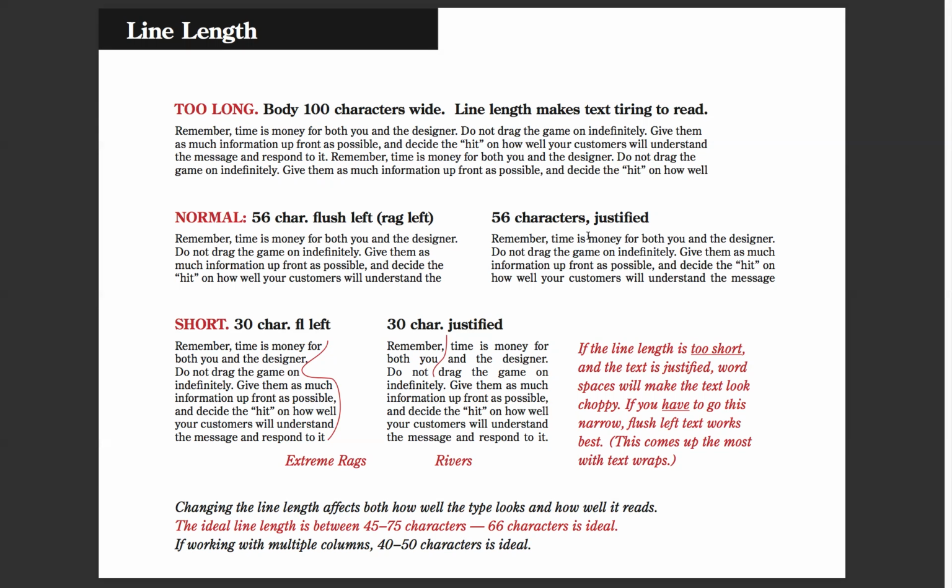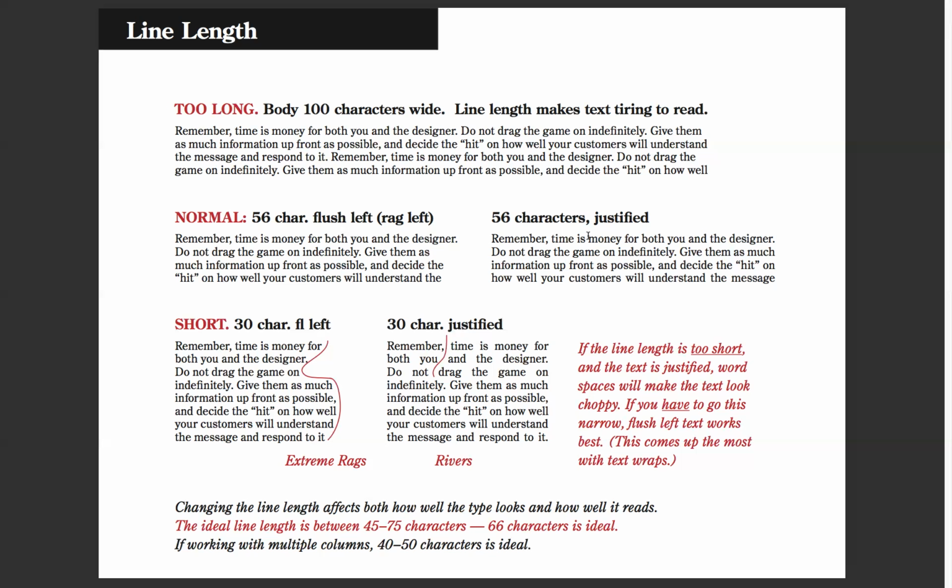This is more a good size. Probably a column and a half on your magazine spread would be sort of an ideal size. And then these are kind of too short. One, they're too short because you read the line and then you barely get in any words and you've got to jump back to the beginning.